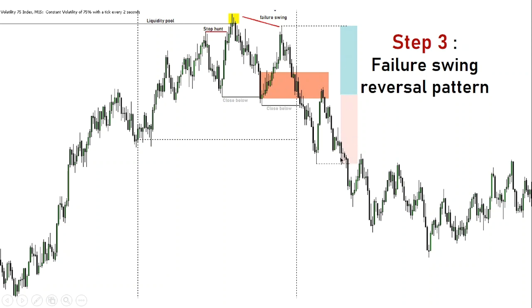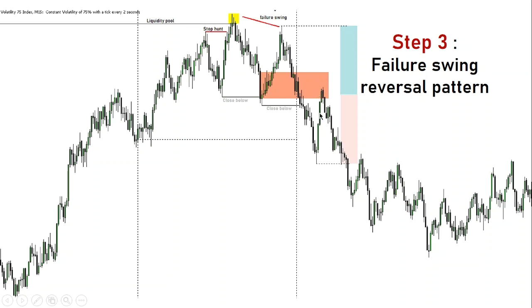Now I'm going to show you why, because what the entry is actually supposed to be is on any PD array, or let me say, in a premium PD array on the failure swing leg.